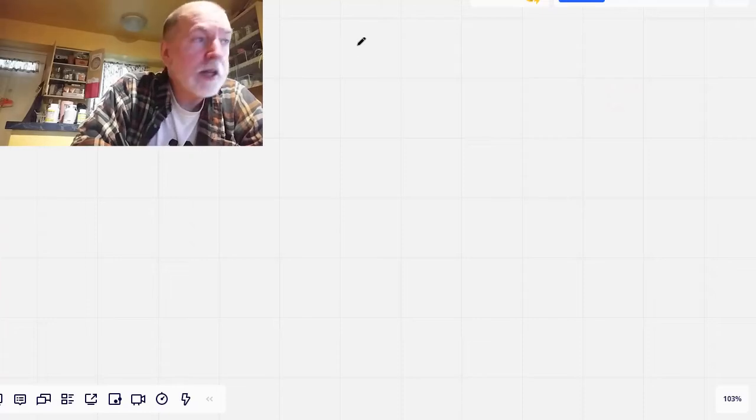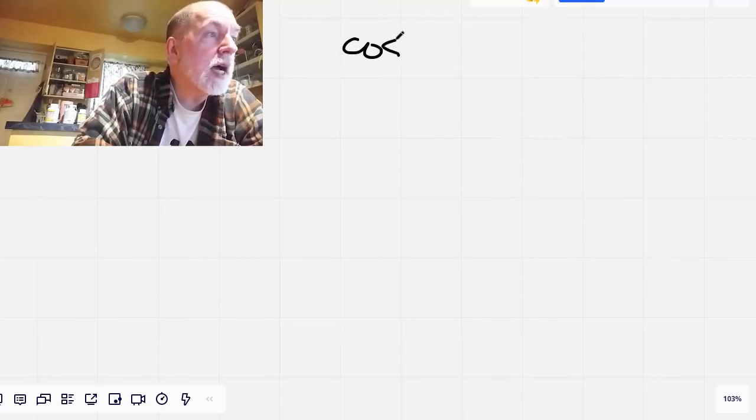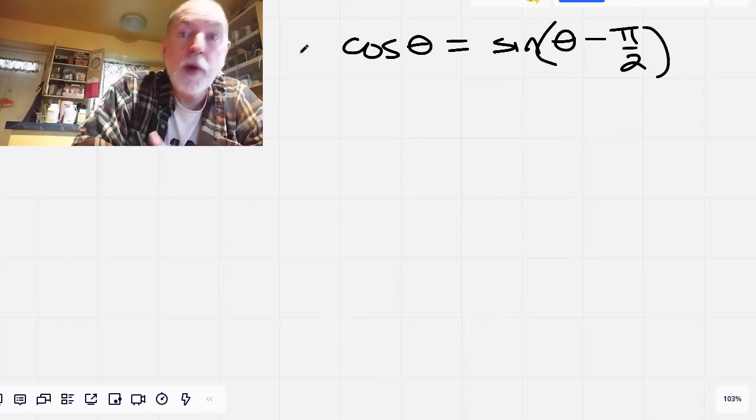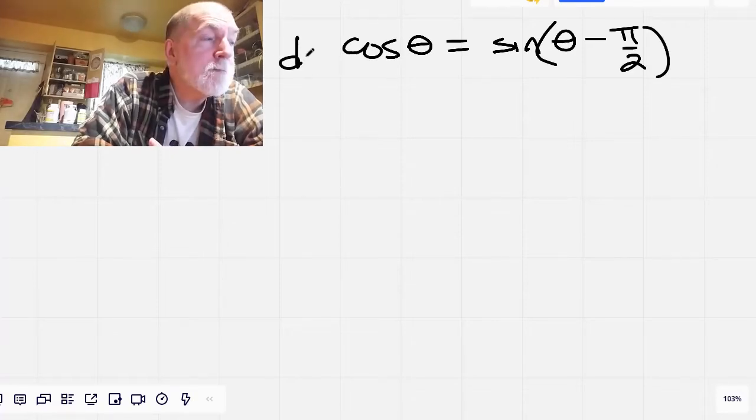Now let's take advantage of the fact that cosine of theta equals the sine of theta minus pi by 2. If we want to do the derivative with respect to theta of the cosine, we already know how to do the derivative of a sine.